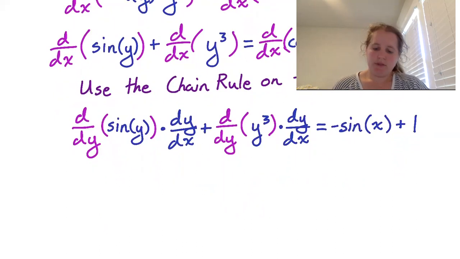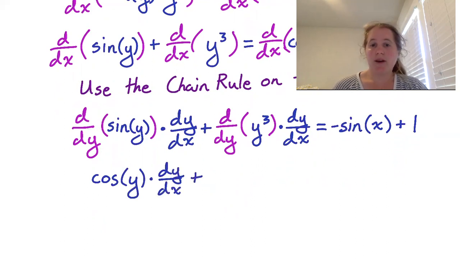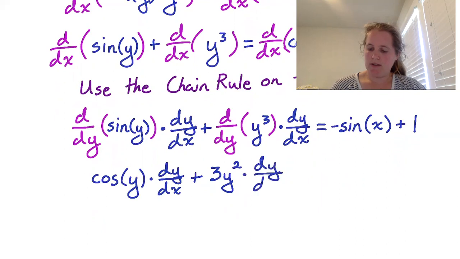The derivative of sine of y is cosine of y, again multiplying dy dx. And the derivative of y cubed with respect to y will be 3y squared by the power rule, again multiplying dy dx. And this is all equal to negative sine of x plus 1.